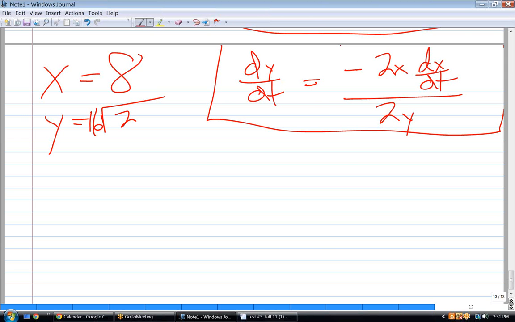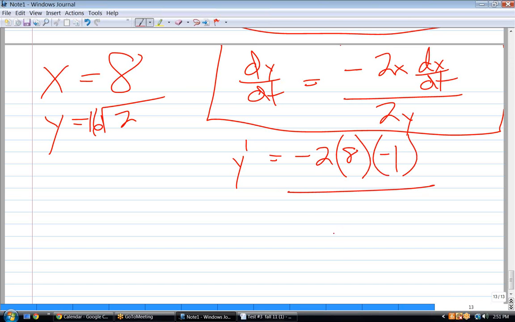So dy/dt, y prime, equals minus 2 times x, which is 8. I'm going to put that minus 1 in there again. Again, it's positive. All right.